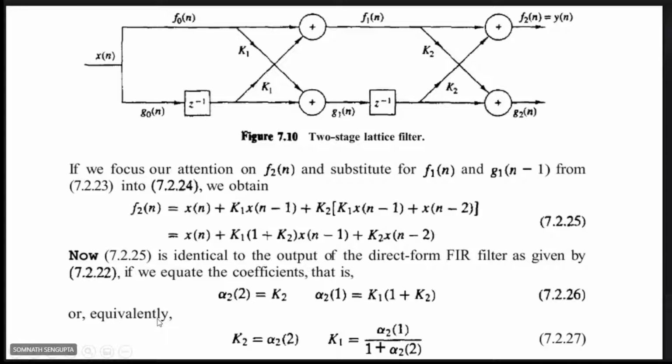So once you know the FIR filter direct form coefficients alpha, then you can calculate the lattice coefficients K. Okay. So this is a simple thing, but there are some other important things.